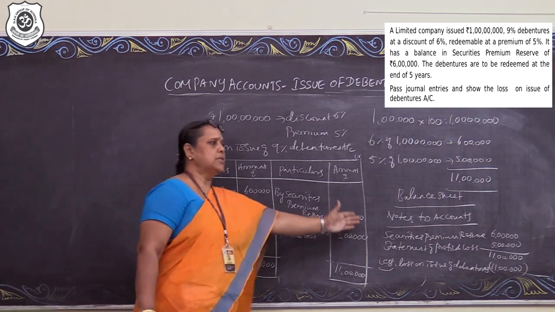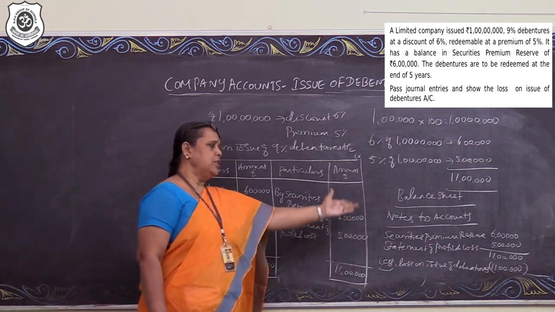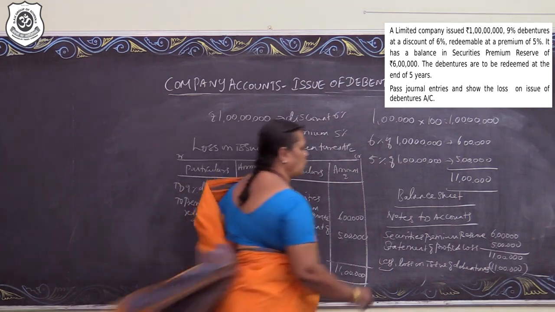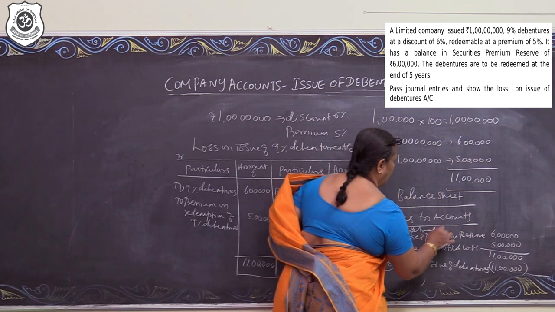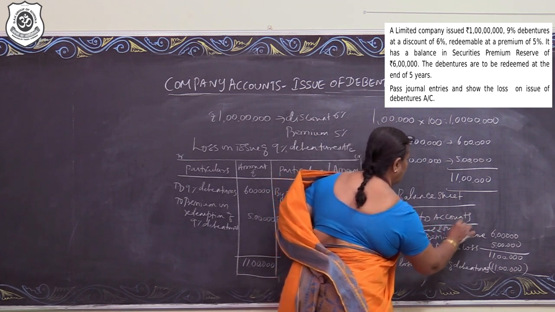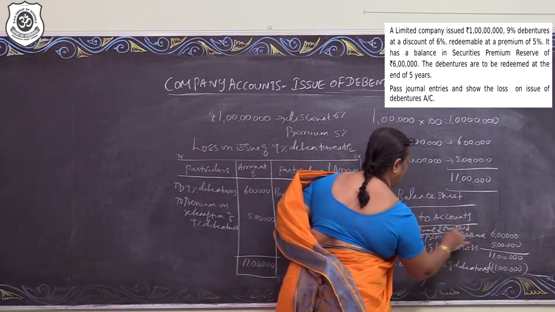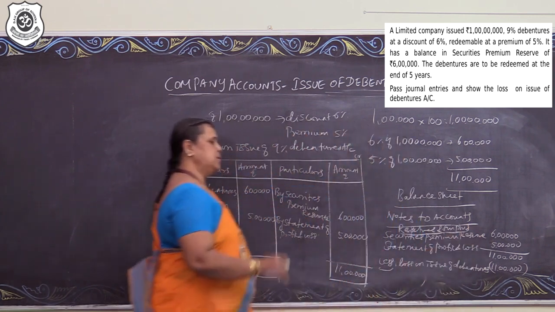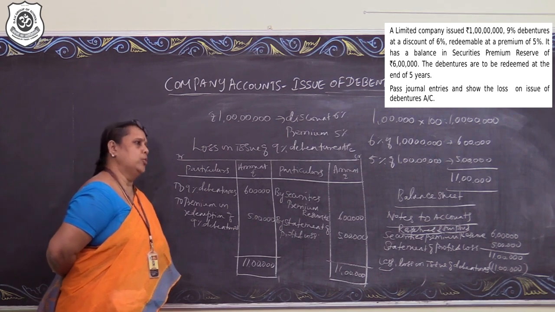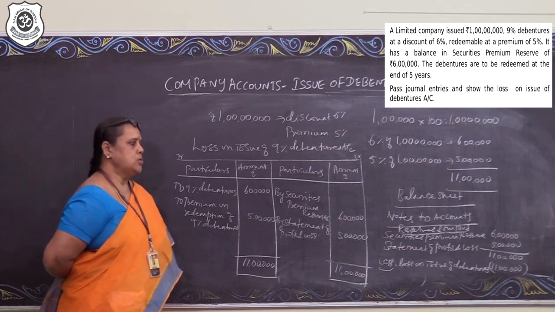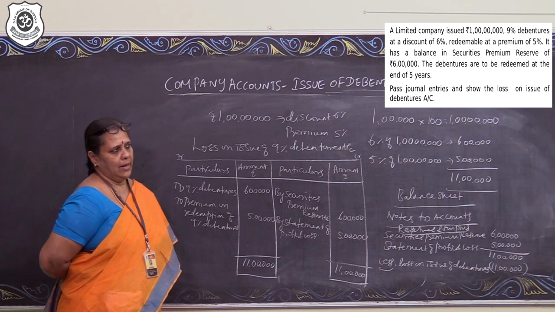So, the same is disclosed in notes to accounts. Securities premium account will be shown under reserves and surplus. Under reserves and surplus, we show securities premium reserve 6 lakh rupees, and with that we add the statement of profit and loss with 5 lakh rupees to adjust the loss on issue of debentures of 11 lakh rupees.